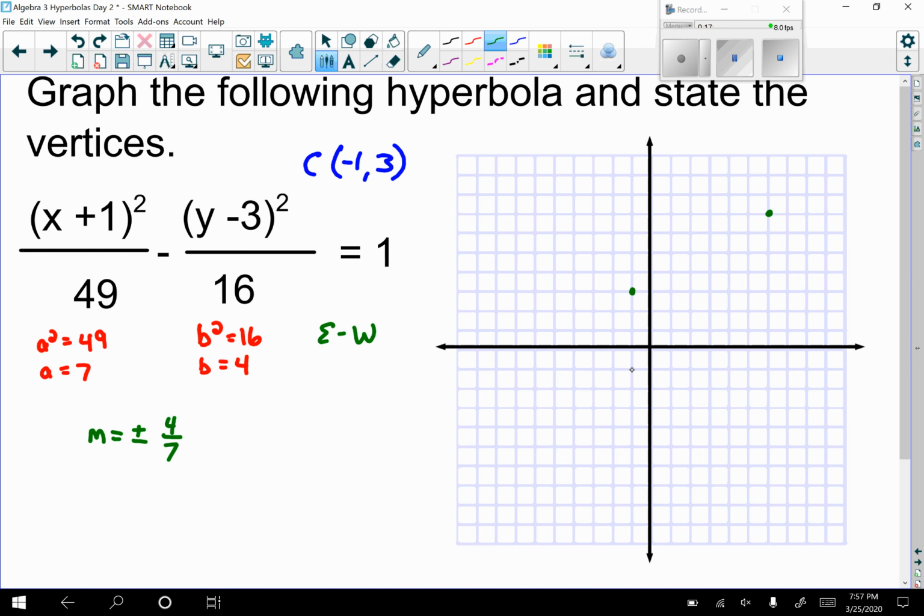Count carefully here though. So down 4 and then over 7. And then up 4, 7 to the left. And then down 4, 7 to the left. All right, so we have our rectangle.